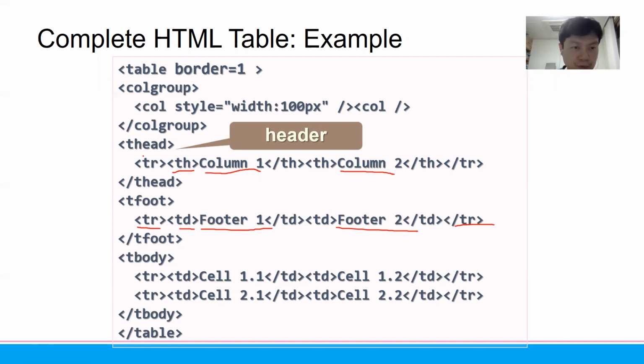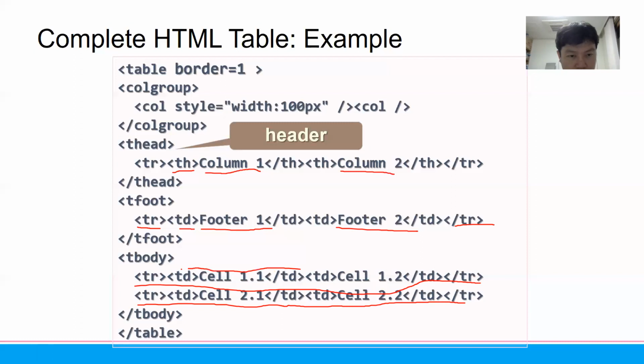In the first row or in the header, you will also have two columns, column one and column two. What about the body? So the body, it means the middle part. You will have two rows, okay, tr. This is the first row, and after you have the first row, you will make the second row. Okay, so this is the second row, and the first column.